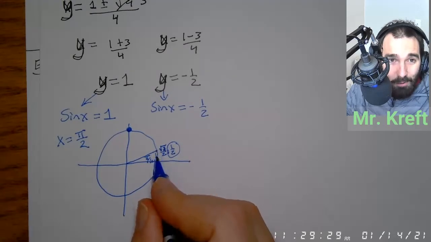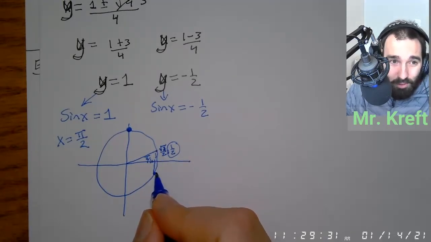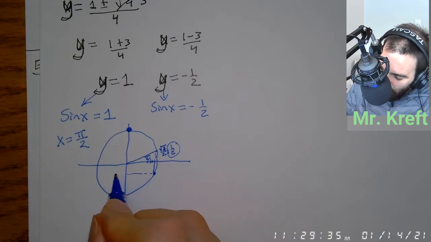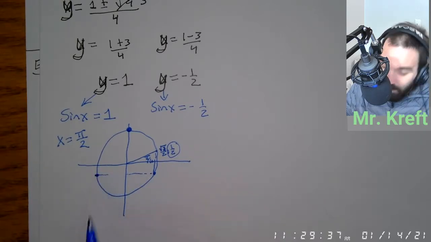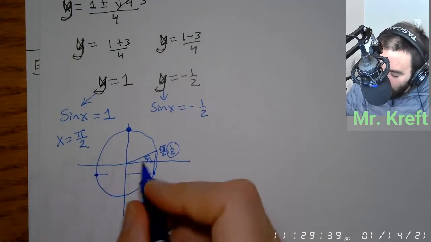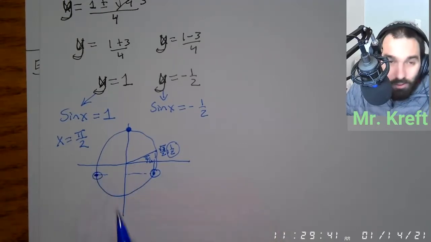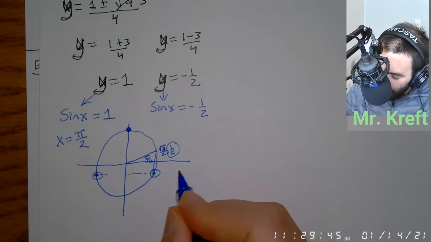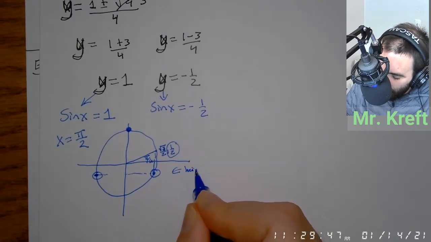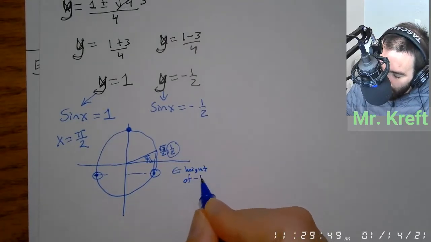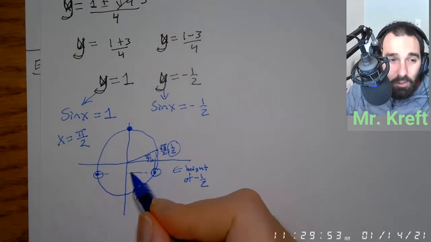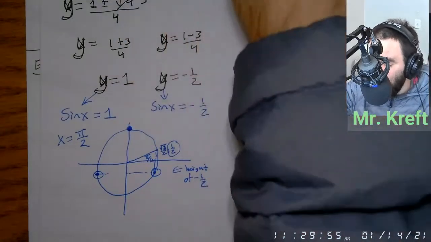So I'm just down now, so it's going to be 1/2 down. And then I'm also going to use symmetry and say this point over here is also the same height. So these are going to be my two answers. So this is going to have a height of negative 1/2.